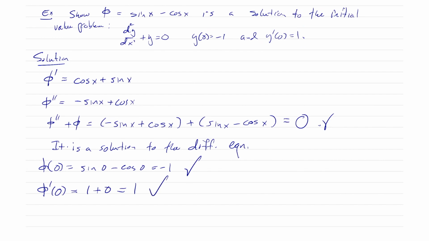Okay, so phi is then a solution to the initial value problem. That's because it is a solution to the differential equation, and it also satisfies the initial values. Since it has those two things, it must be a solution to the initial value problem. And so we're done.